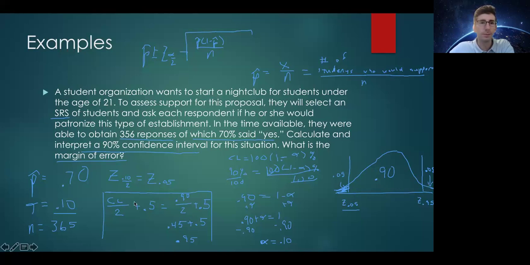Same thing over here. So write down what you need to, pause the video, and then I will find our z of alpha divided by 2, and then all we have to do is plug in everything else that we know and do some arithmetic.